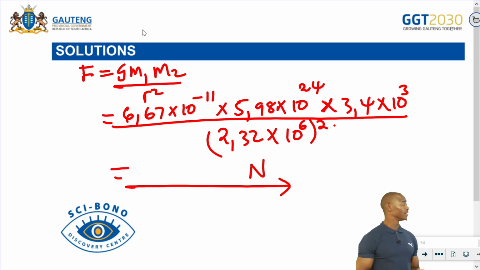Let's calculate. So it's 6.67 times 10 exponent negative 11.